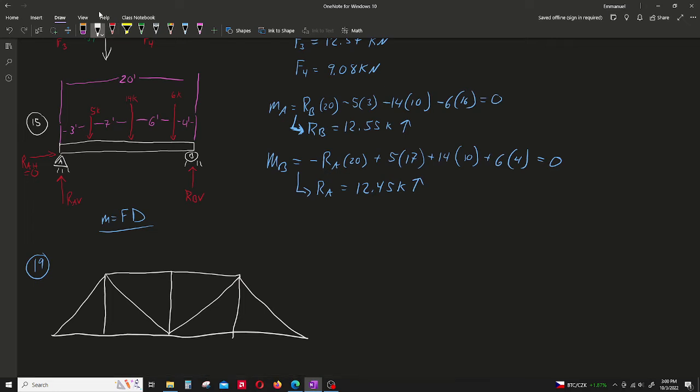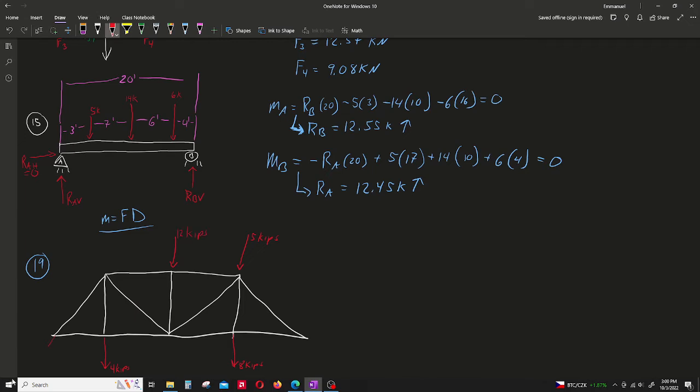Then from there we got 4 kips coming down straight in a Y direction, 8 kips coming down straight in the Y direction, 5 kips coming down straight in the Y direction, and lastly 12 kips coming down straight in the Y direction as well.